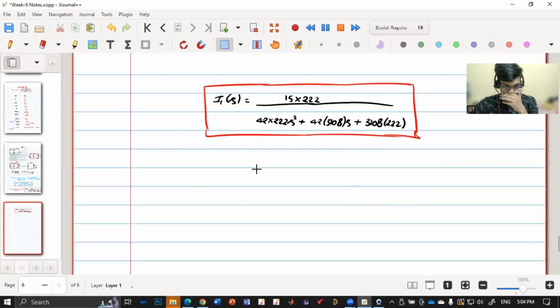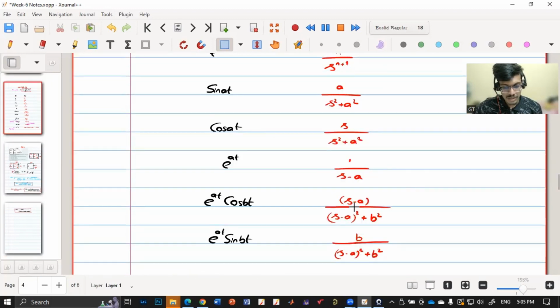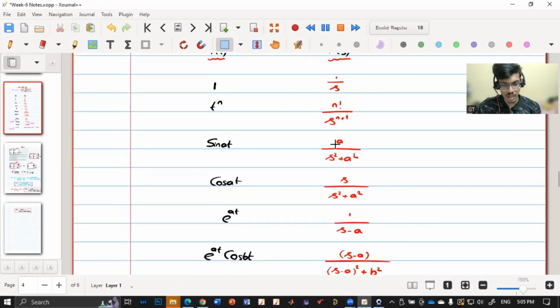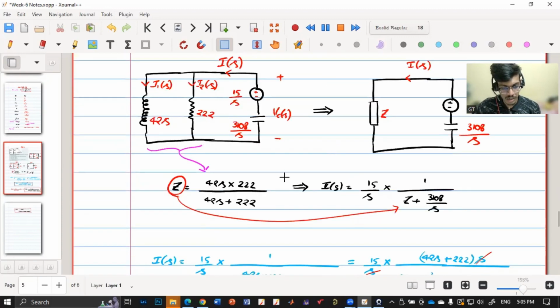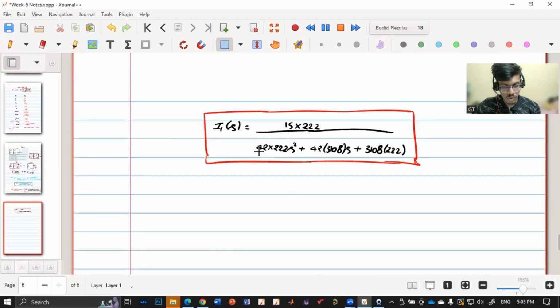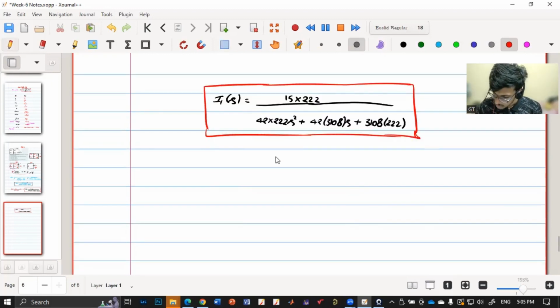So in any of our formulae, if you see, the S coefficient is always 1. So first we have to make the S coefficient 1. So we have to divide by 42 multiplied by 222 in the numerator as well as the denominator. I have already calculated it previously so that I will not make any mistake during this class.